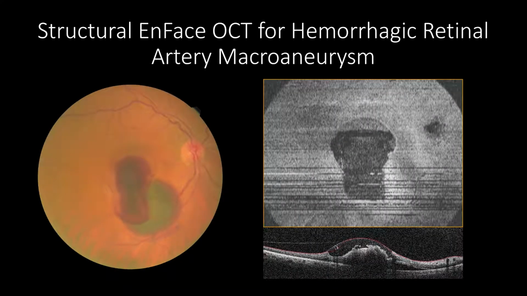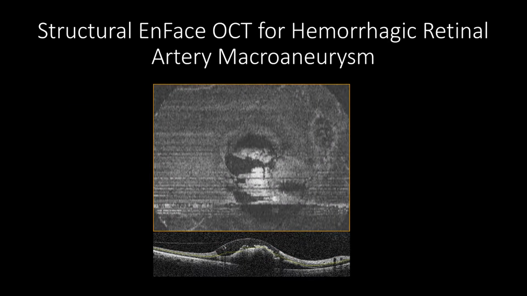In cases of hemorrhagic retinal artery microaneurysm, the ILM slab will appear hyperreflective in the involved area of the hemorrhage, and it depends on the level and intensity of bleeding. The IPL INL slab will appear hyperreflective in the involved area of hemorrhage and depends on the level and intensity of bleeding, as some cases will show increased reflectivity depending on the area of segmentation and reflectivity induced by the hemorrhage.